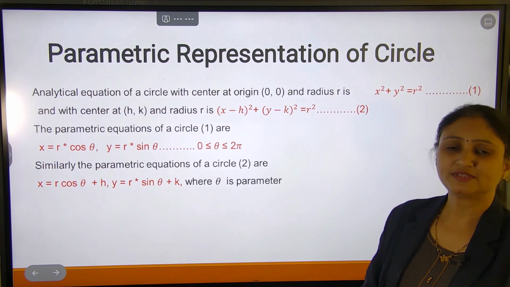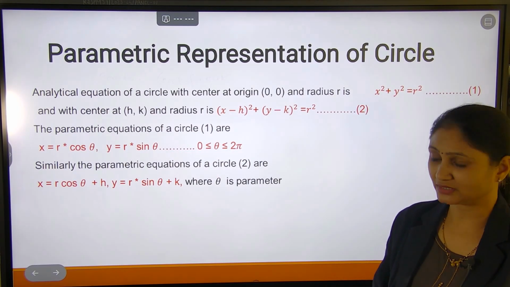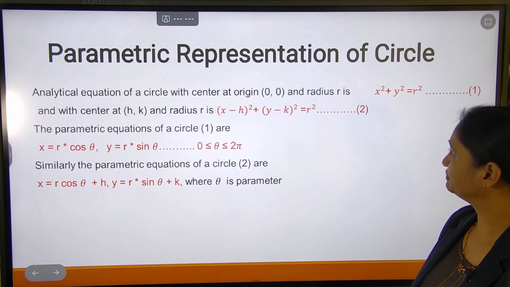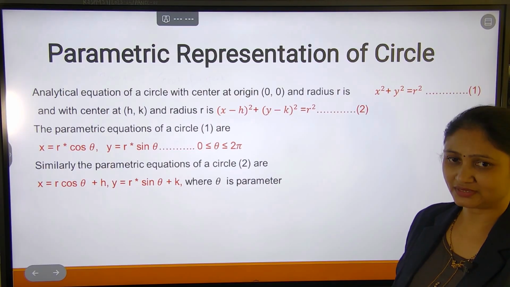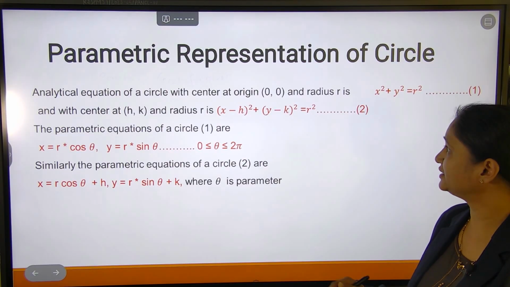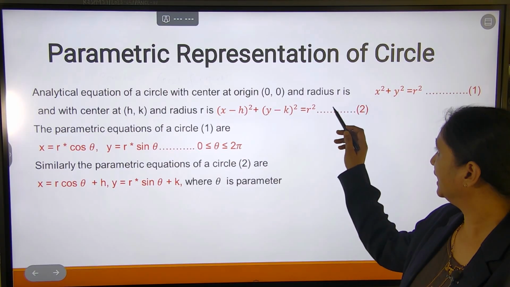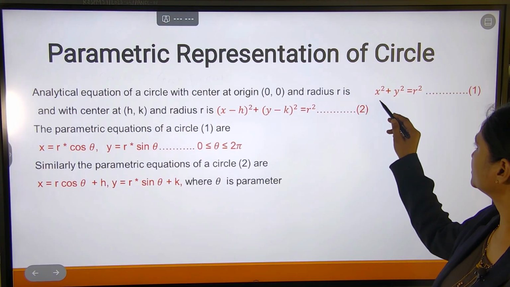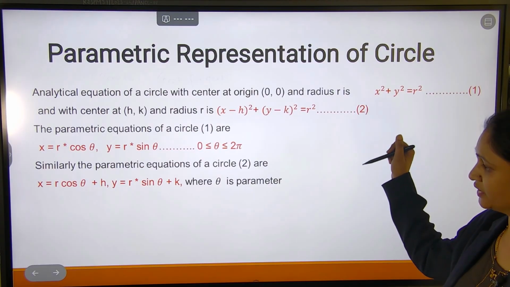The next point is parametric representation of circle. The analytical equation of a circle with center at origin (0, 0), that means where the x and y axis intersect each other, and radius r, is x square plus y square is equal to r square.